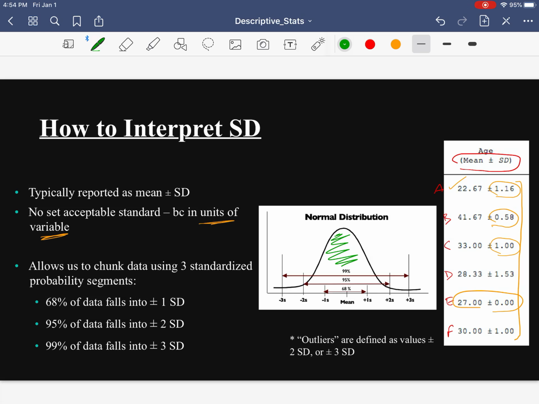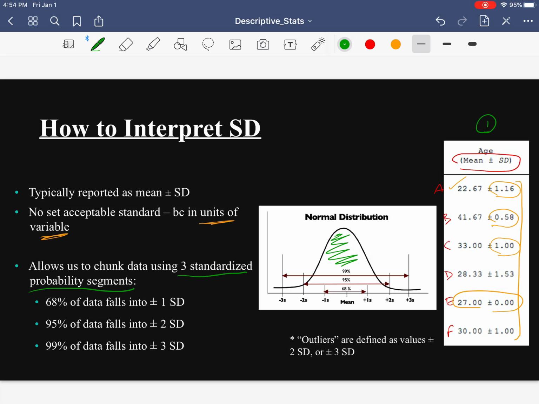So these are like talking about two separate things. When I'm talking about reporting it in a paper, this is what it looks like, right? I give my mean plus or minus standard deviation in a unit. But from a theoretical standpoint, we've come up with these standardized probability segments.